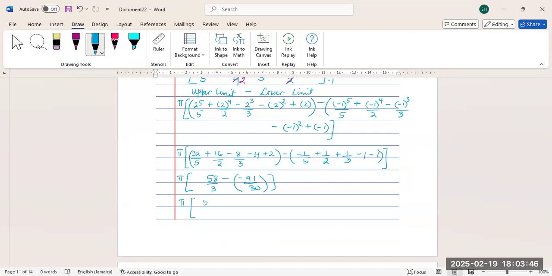So this is now 58 over 3 plus 41 over 30. How creative can I get?